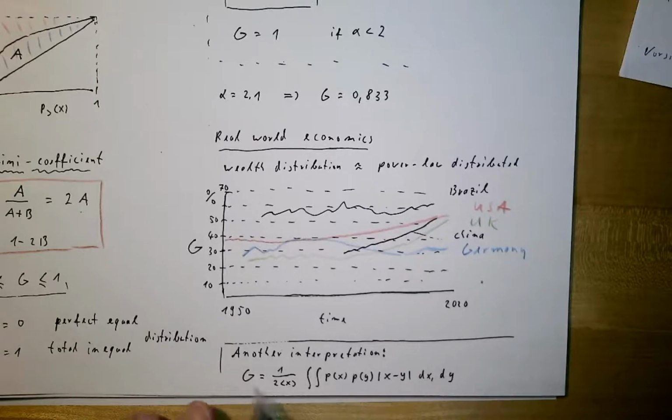So the Gini coefficient is a kind of normalized difference of state variables or random variables in the distribution. Yeah? So again, it tells you how much the distribution of the wealth in this example differs in the population. As an exercise, you can try to derive this yourself if you want, but I don't want to go too much into this.